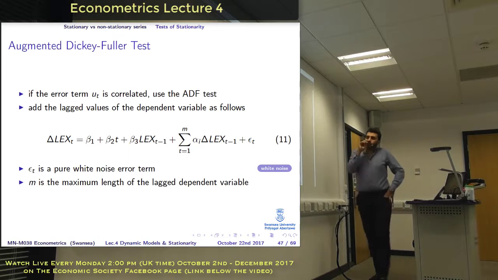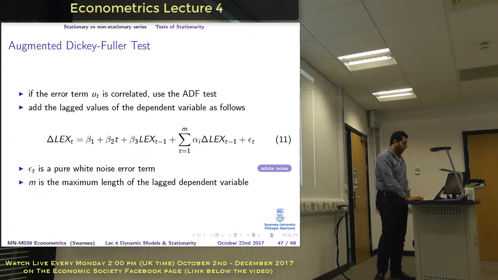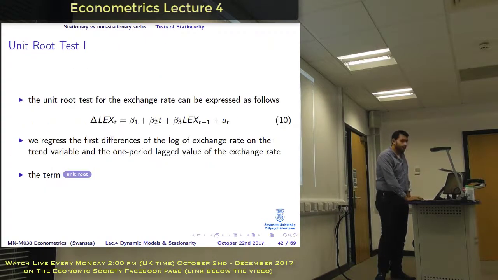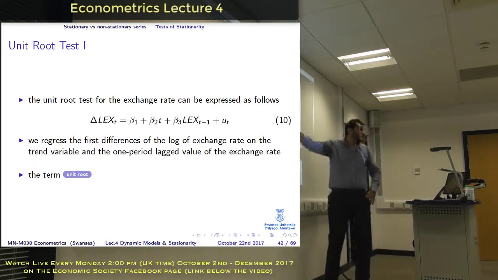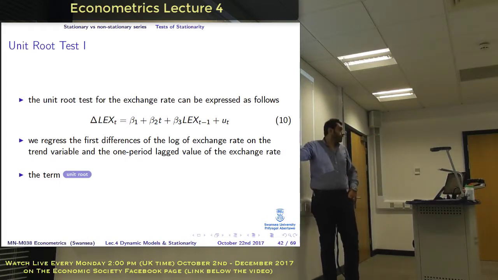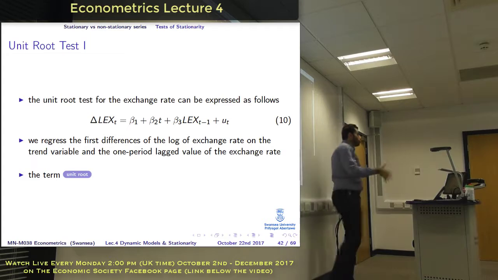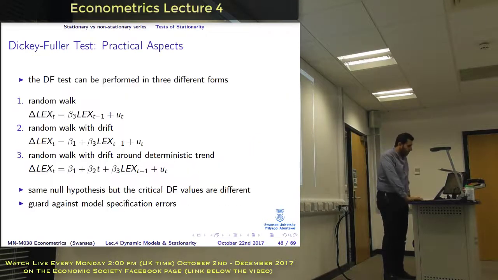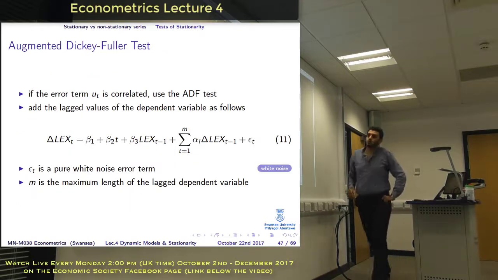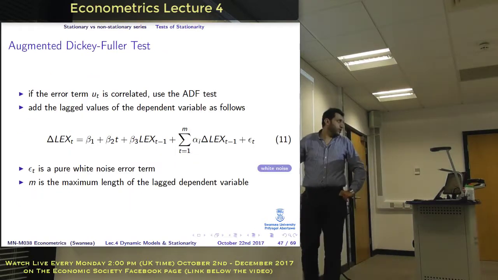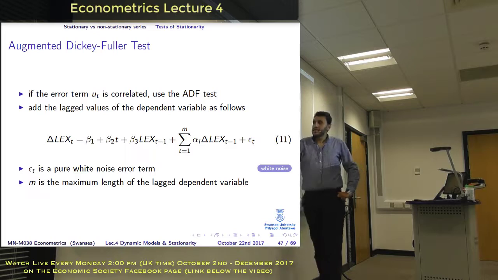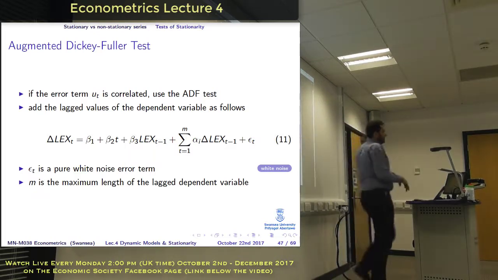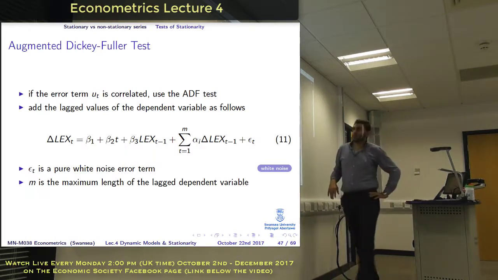So the other form of this, because why would we go back only one lag? Why do we go only back to t minus 1? We could go back further, and this is what the augmented Dickey-Fuller test provides us. So what we have here is exactly the same equation: the constant, the time trend, the lagged value of the dependent variable in time t minus 1.